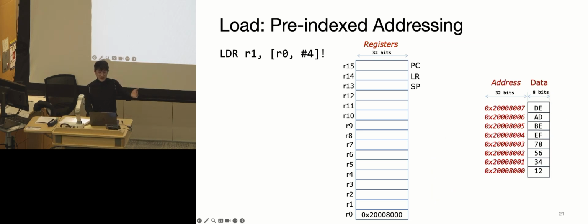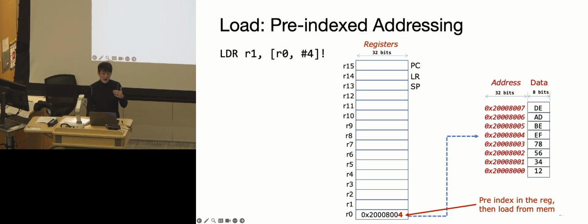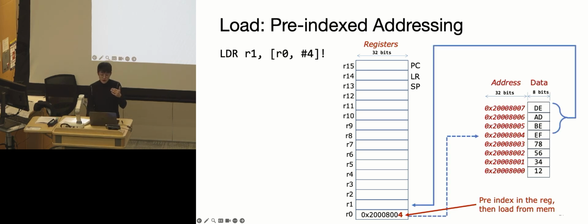On the other hand, this is what does change R0. Basically, we do the immediate add first, with that little sign there. We do the immediate add, and then we access the updated R0 as the memory address, and then we load the whole 4 bytes and put it in our register 1.